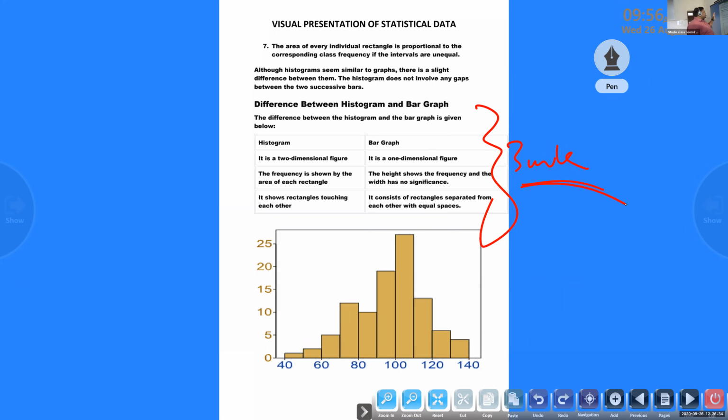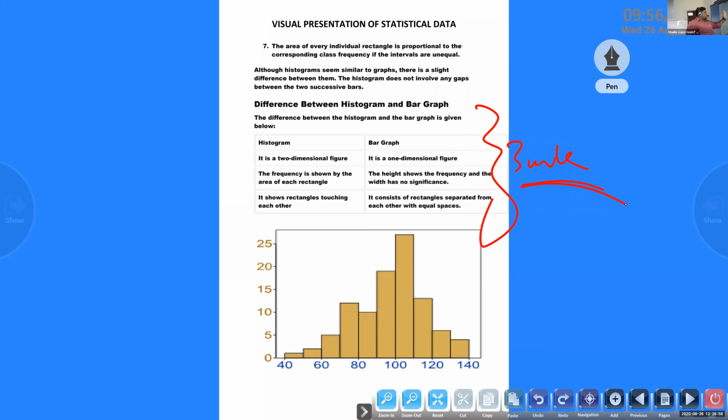But in the case of a histogram, both the width and the height of the rectangle matter. That's why it is called a 2-dimensional figure. We are able to find the frequency by calculating the area of the rectangle presented in that graph.